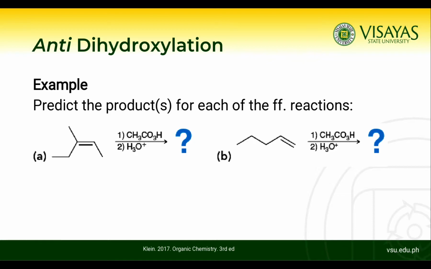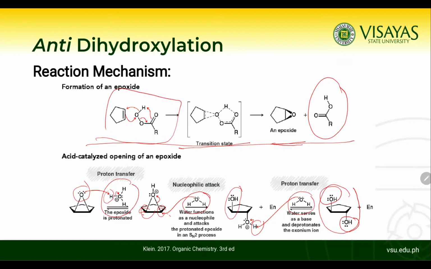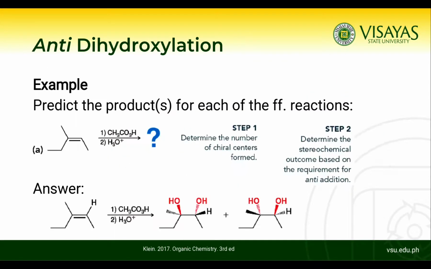Okay, predict the products for each of the following reactions. Again, these are the reagents for anti-dihydroxylation. This is an example of a peroxy acid, and then we have our acid for the acid catalyzed opening of the epoxide. So, in the first step, we determine the number of chiral centers.